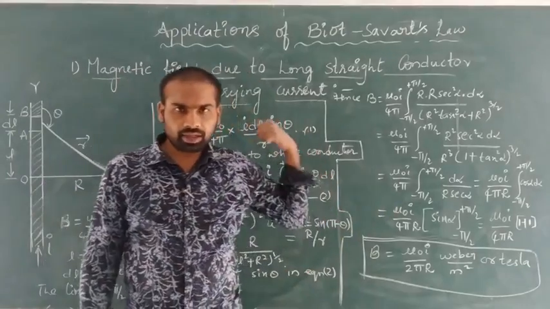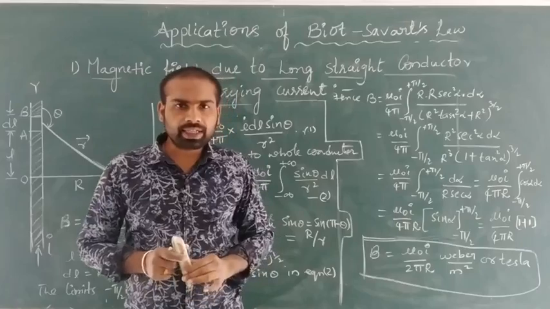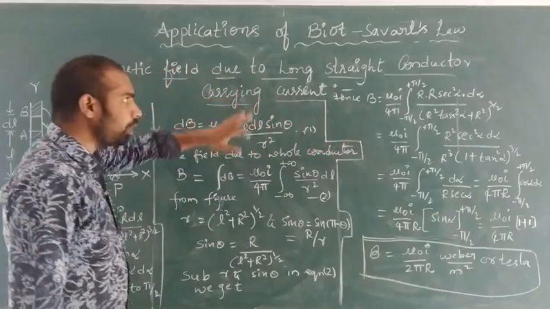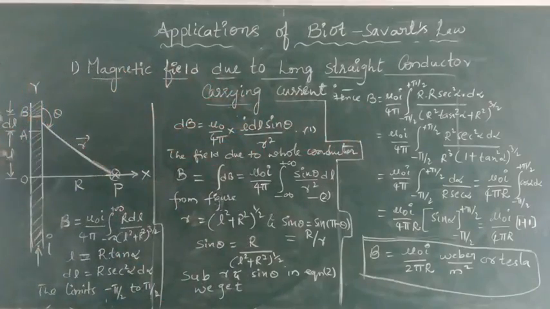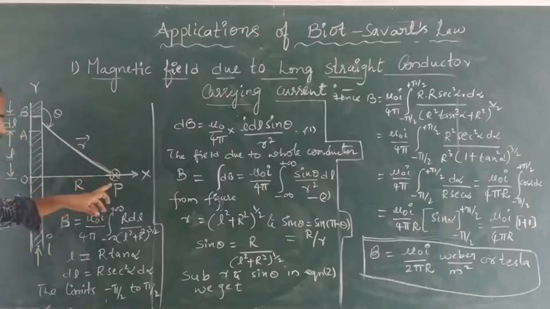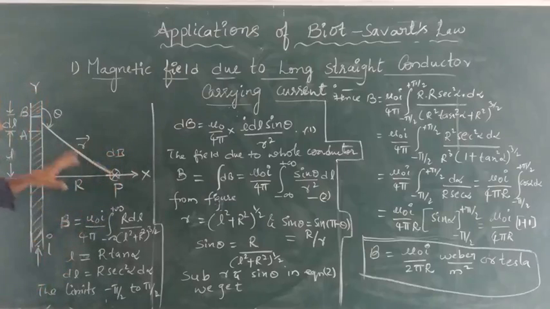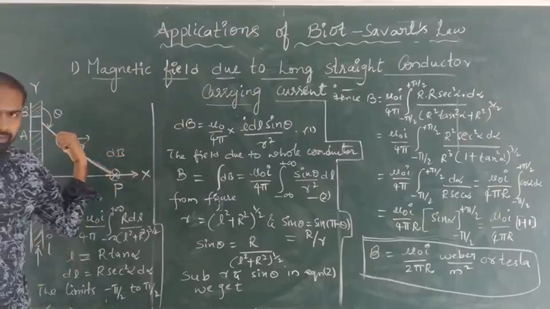In this class, we are going to discuss the first application of Biot-Savart law, that is the magnetic field due to a long straight conductor carrying current. For that purpose, we consider a long straight conductor carrying current I. Our intention is to find the magnetic field induction at point P due to the entire straight conductor.